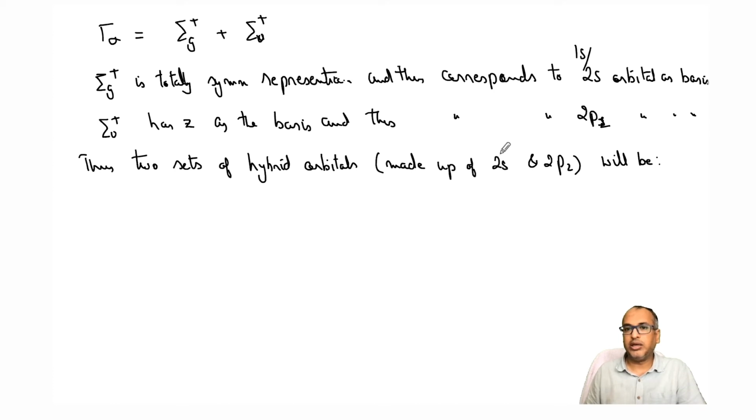If you want a combination of these two leading to hybrid orbitals, you can see that we can use phi 1 as 1 over root 2, after normalization, 2s plus 2pz, and phi 2 is the second hybrid orbital. These are not yet molecular orbitals, okay?